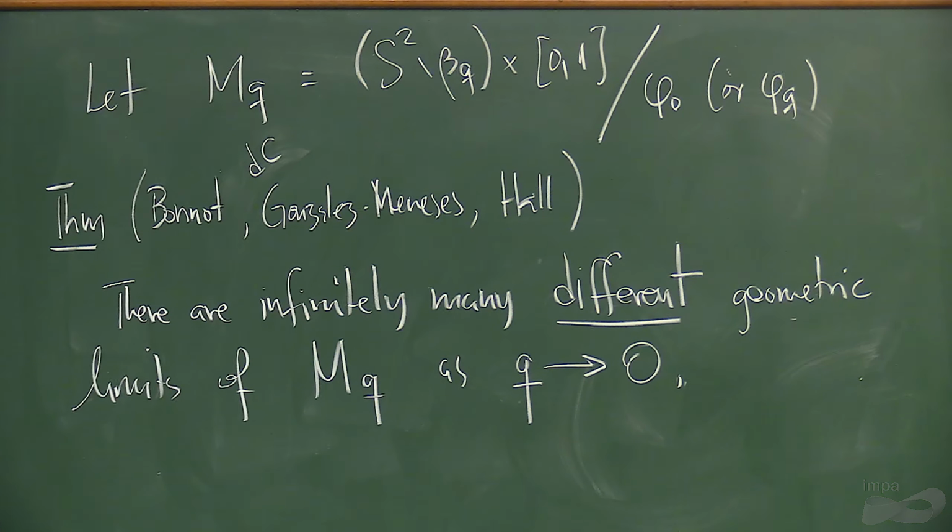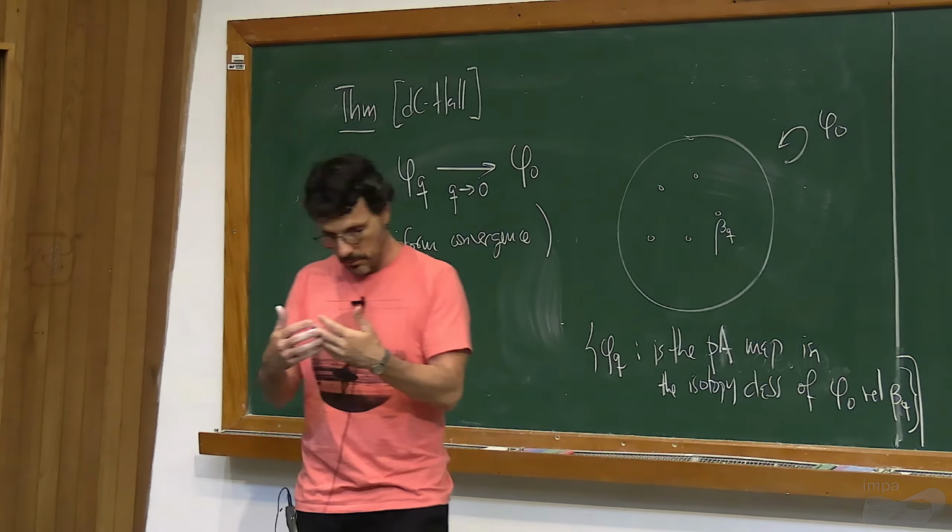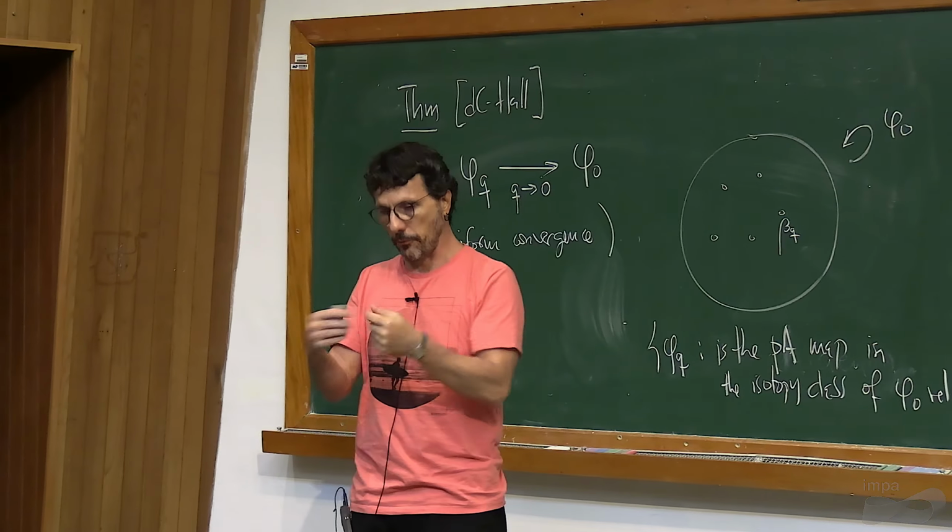Okay, so this is, well, the first time we saw this, I found it strange, but that's how it is. So on the one hand, this family of pseudo-Anosov maps on the sphere converge.